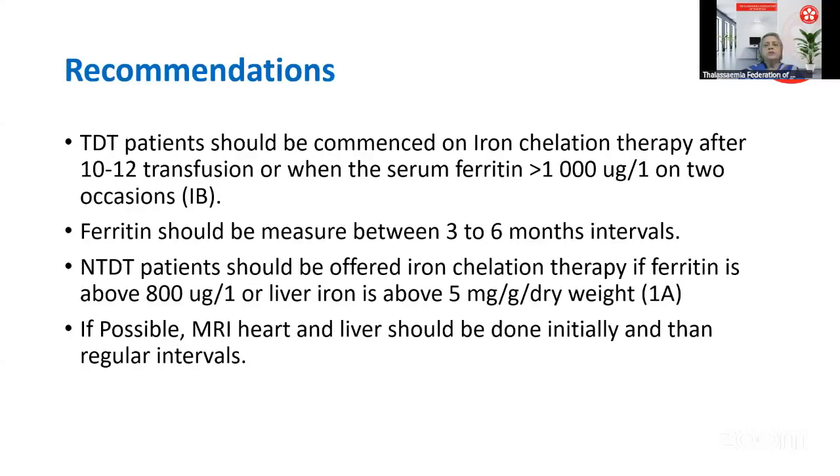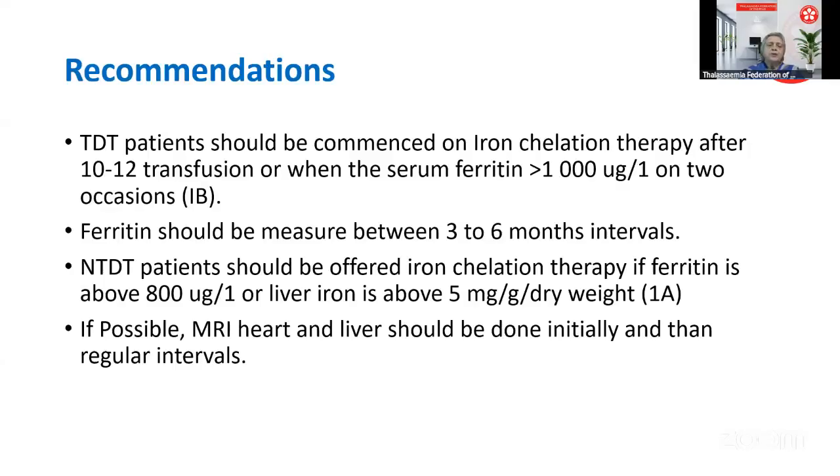Or if the serum ferritin rises more than 1,000 microgram per liter on 2 occasions. When you are relying on ferritin, which is a good measure of iron overload in the liver, but not in the heart, then you should measure the ferritin at 3 to 6 months interval.